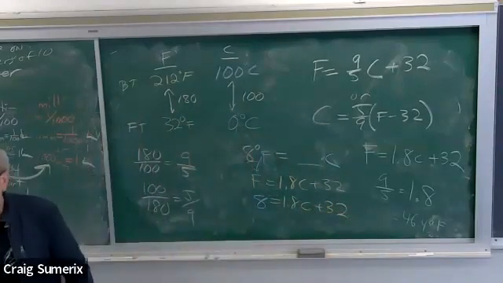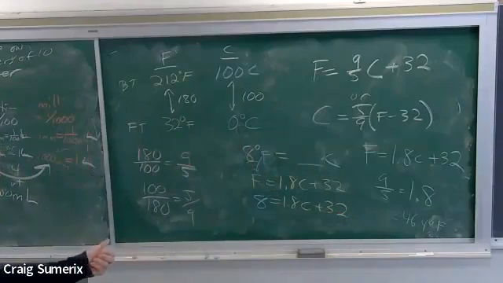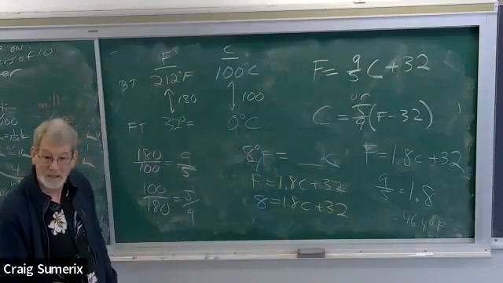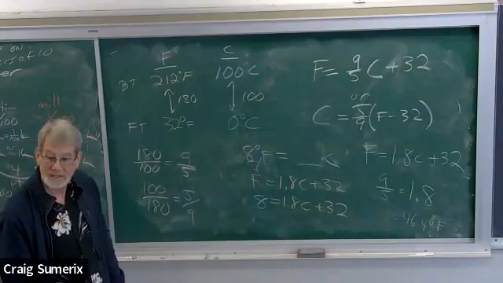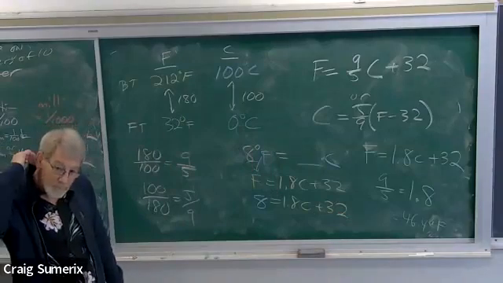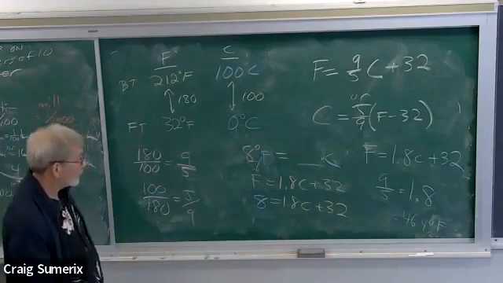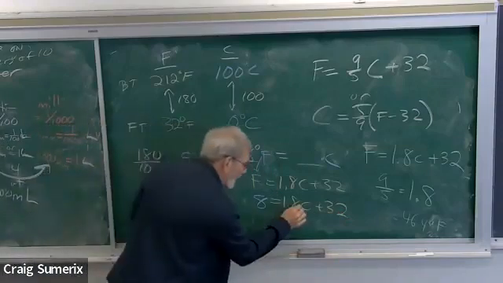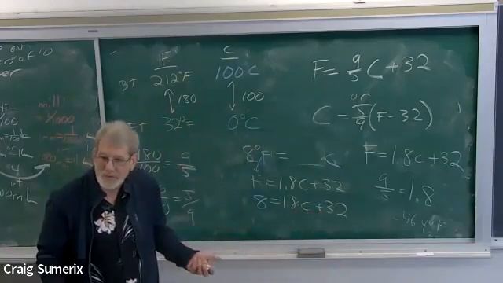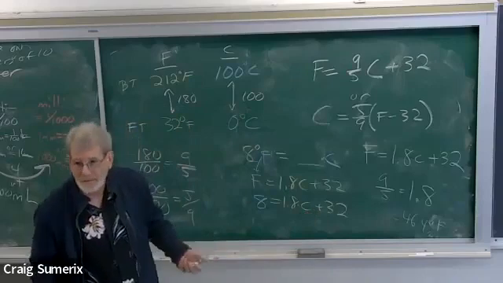Doesn't that look like what we did in section 11? What could you do with that? How can you get C by itself? Undo what they gave. They gave us multiplying by 1.8 and adding 32, which makes more sense to get rid of? The 32.